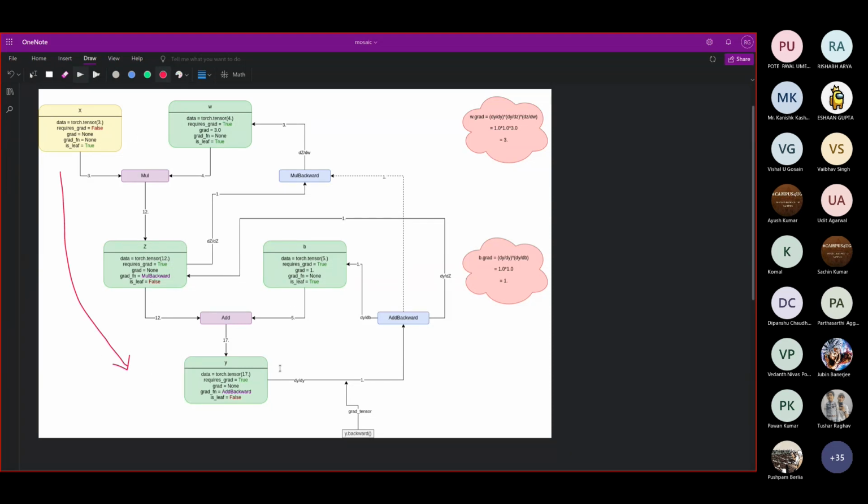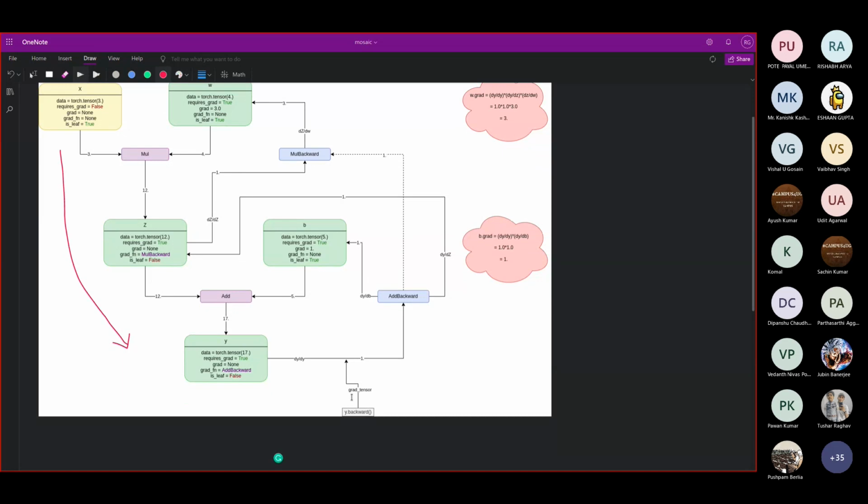And when we call y dot backward, actually PyTorch creates its own representation of how to calculate a gradient. So the add function has its corresponding function or object called add backward, and multiplication will have the same thing. So when we call y dot backward, it starts calculating the gradient with respect to the variables whose gradient was true.